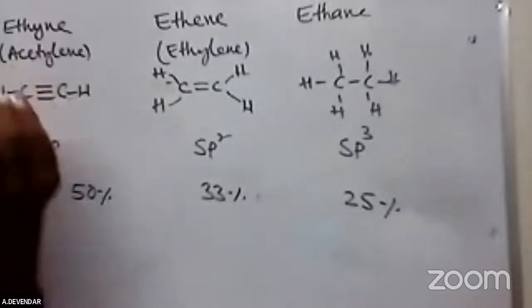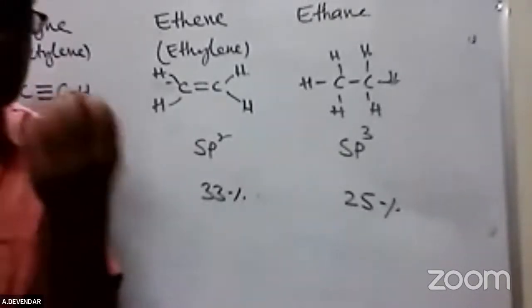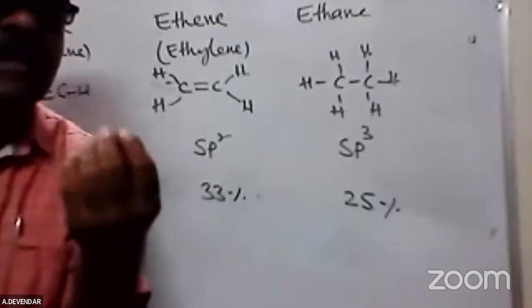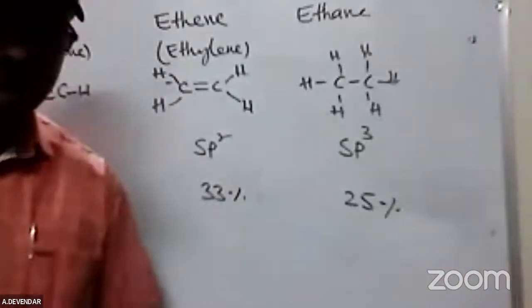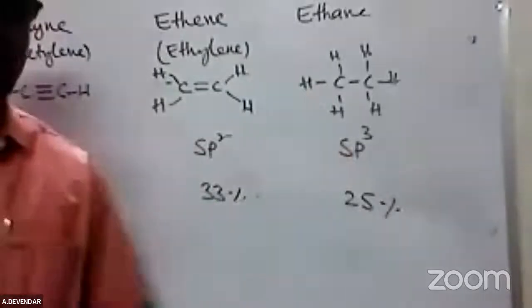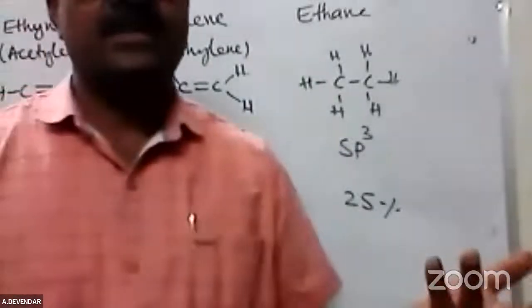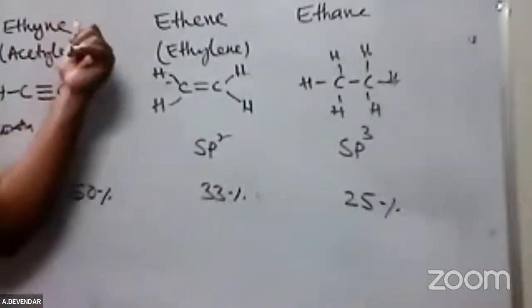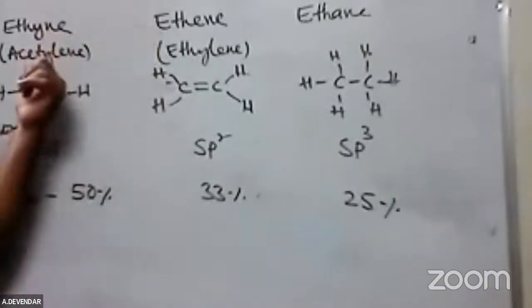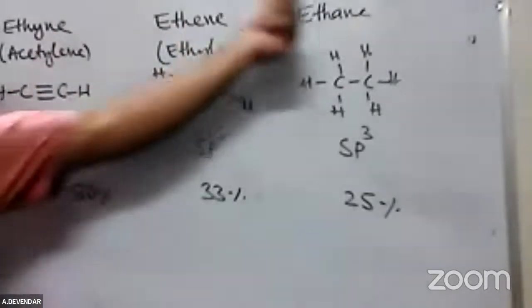The bond length between carbon and hydrogen is very short. The hydrogen close to the carbon atom easily loses the proton. Losing a proton is called acidic in nature. That's why ethyne is more acidic than ethane.